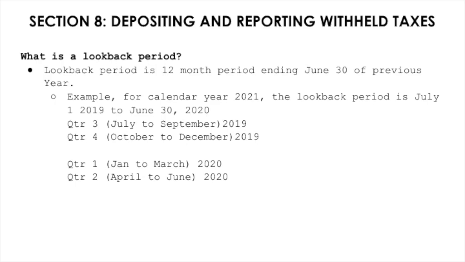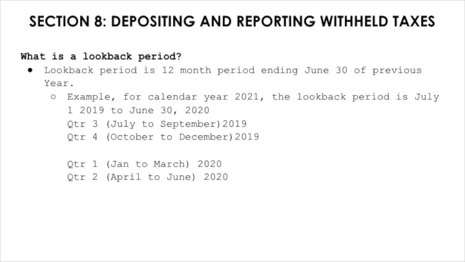So the first and second quarter are from 2020, and the third and the fourth quarter are from 2019. So the look-back period is third, fourth quarter of 2019 and first, second quarter of 2020.